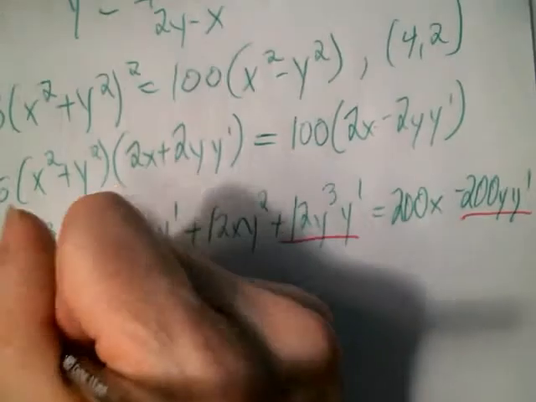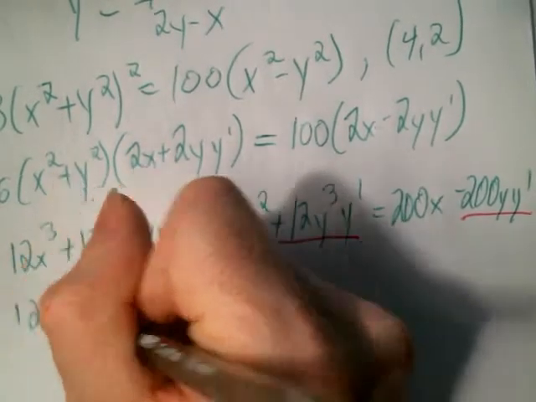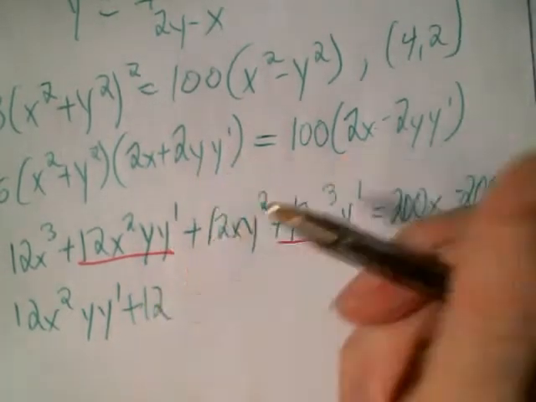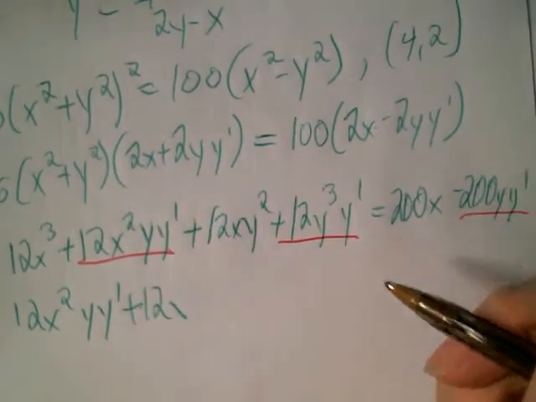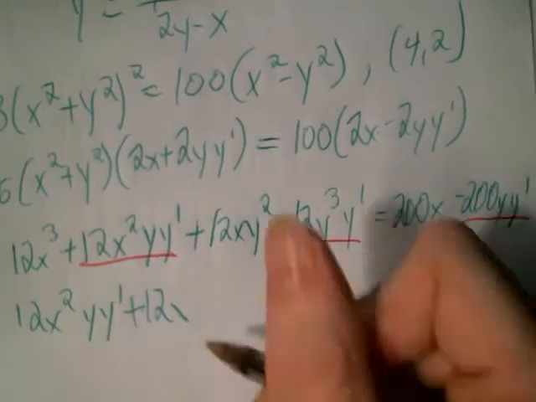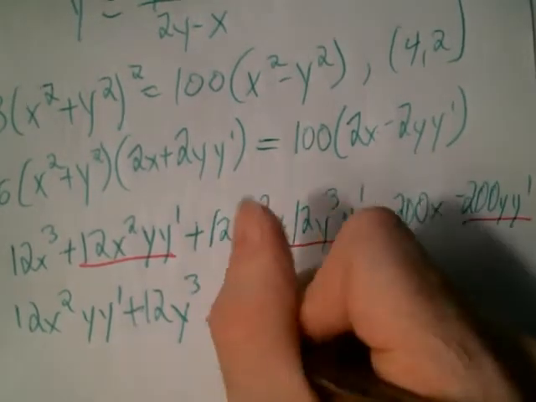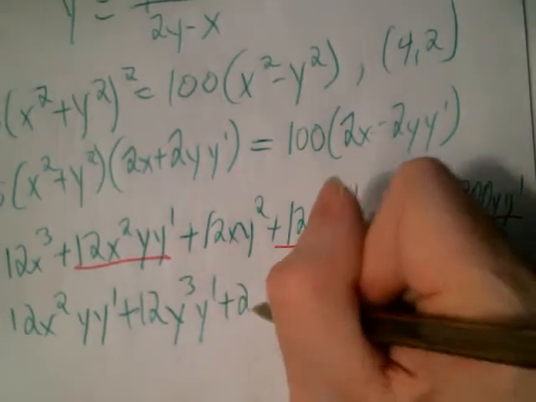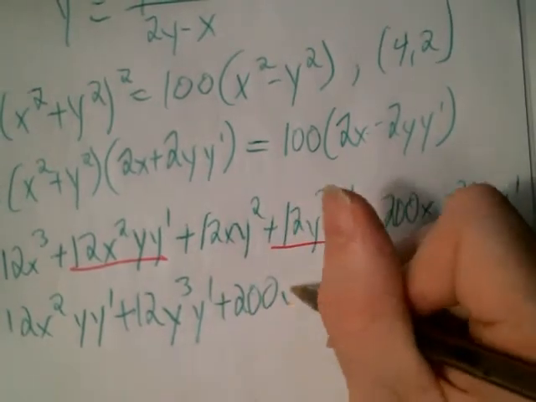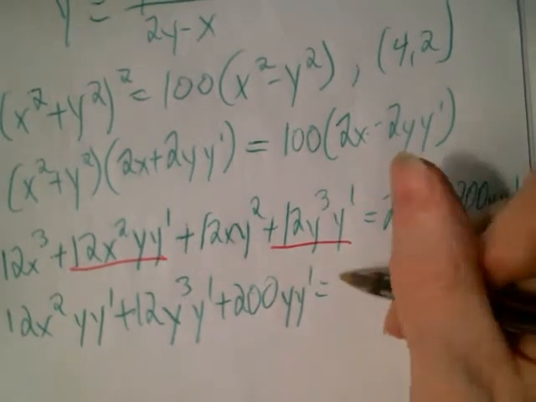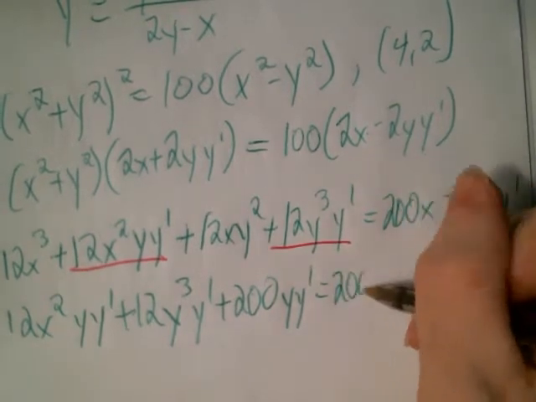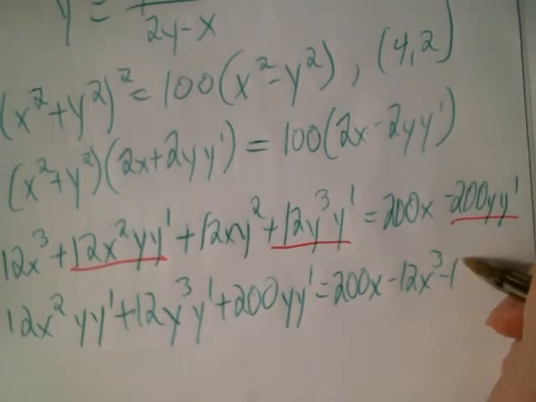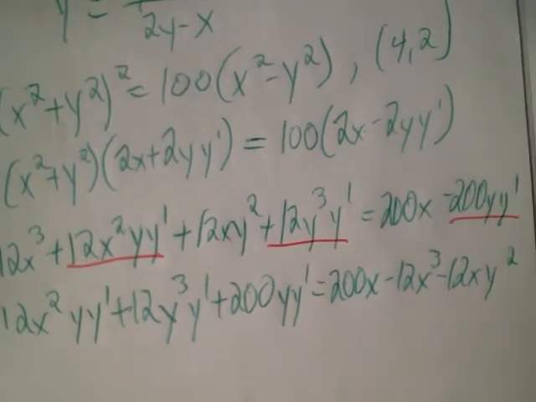So let's see. 12x squared y prime plus 12 y cubed y prime plus the 200 y prime equals 200x minus 12x cubed minus 12xy squared.